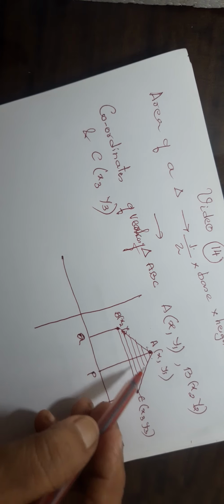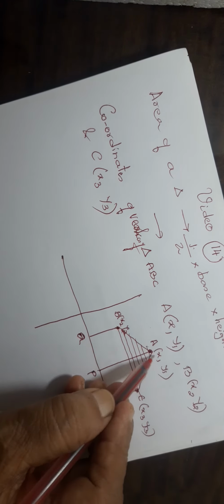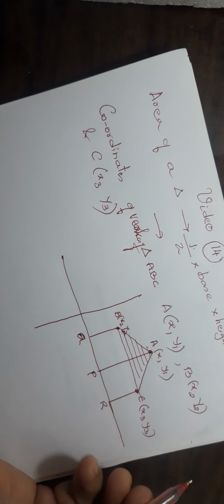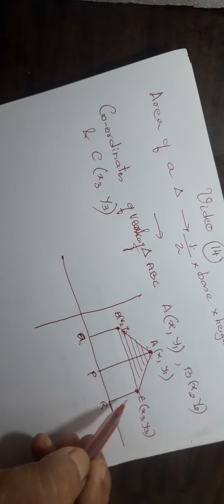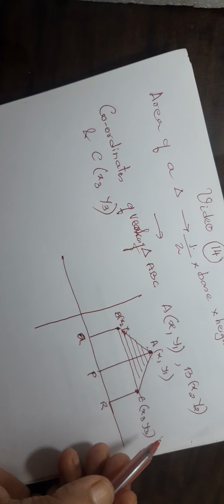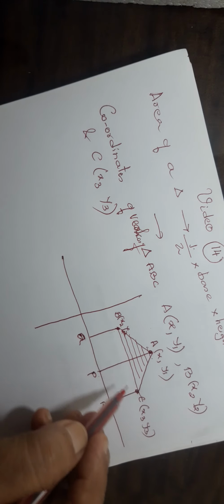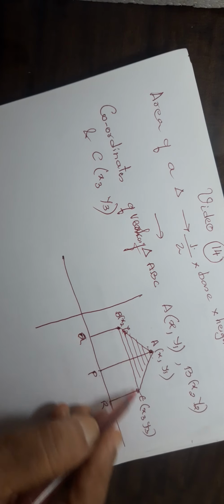I am just telling you how they find the area of this triangle ABC. They take the area of trapezium ABQP plus the area of trapezium ACRP, then minus the area of the trapezium BQRC. Here it may look like a rectangle, but it is a trapezium.